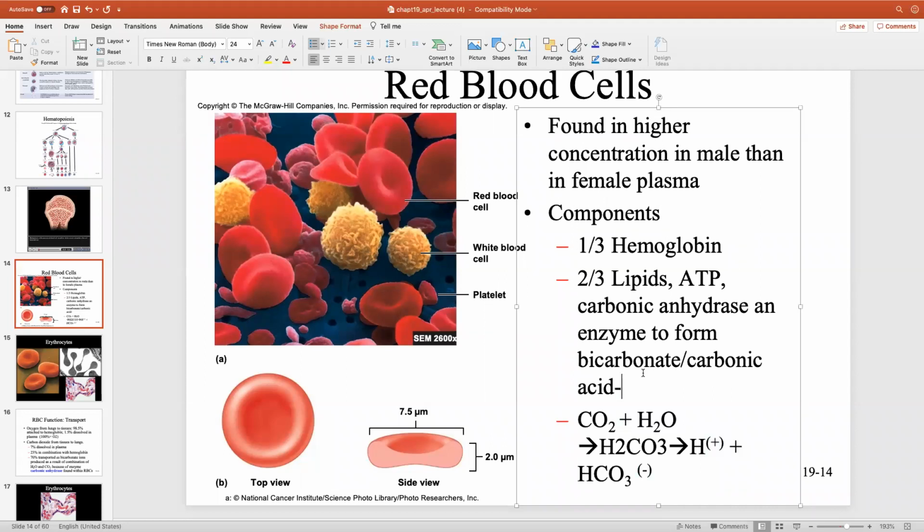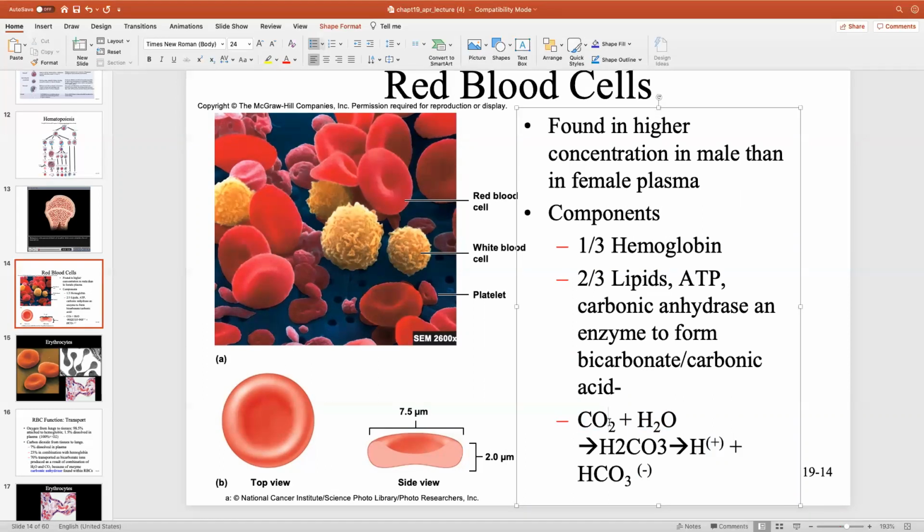Now, if we do have enough oxygen and enough glucose, we can produce lots of ATP in a mitochondria. But the byproduct is this too: carbon dioxide and water are formed. This is the reason why we're always exhaling carbon dioxide. We exhale it because we produce so much of it through aerobic respiration.